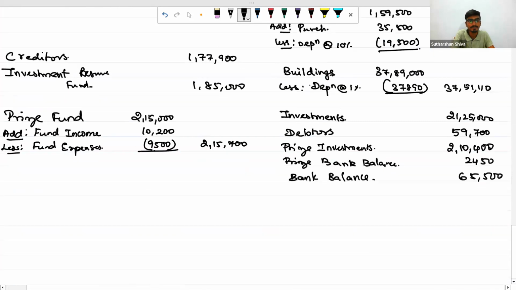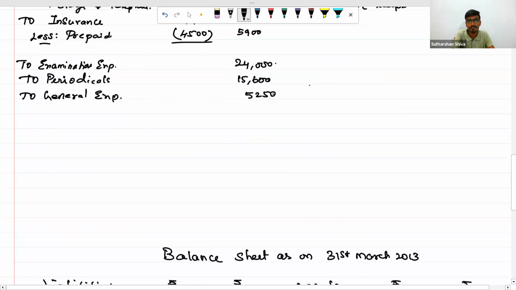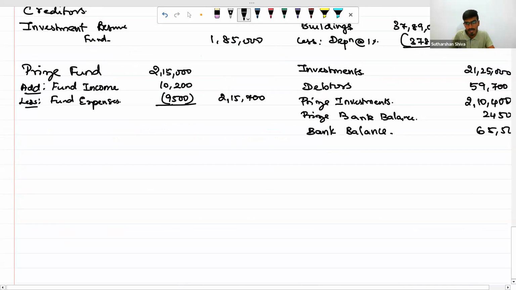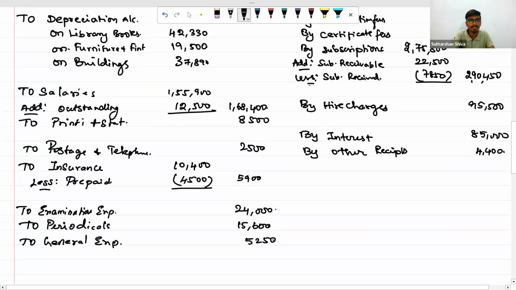Then cash in hand 1,520. But we have not completed. Here we need to do some adjustments. What are the adjustments we have shown?